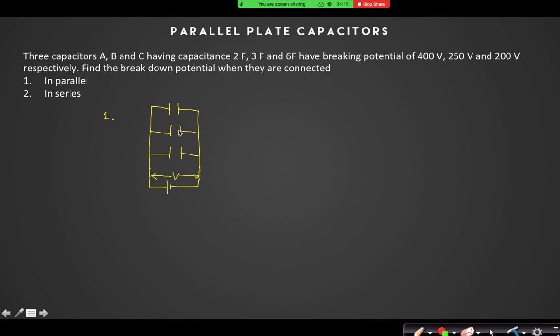So I have to check for the minimum breakdown potential across the capacitors, because suppose it is 200 volt for the C3, the 6 farad capacitor.